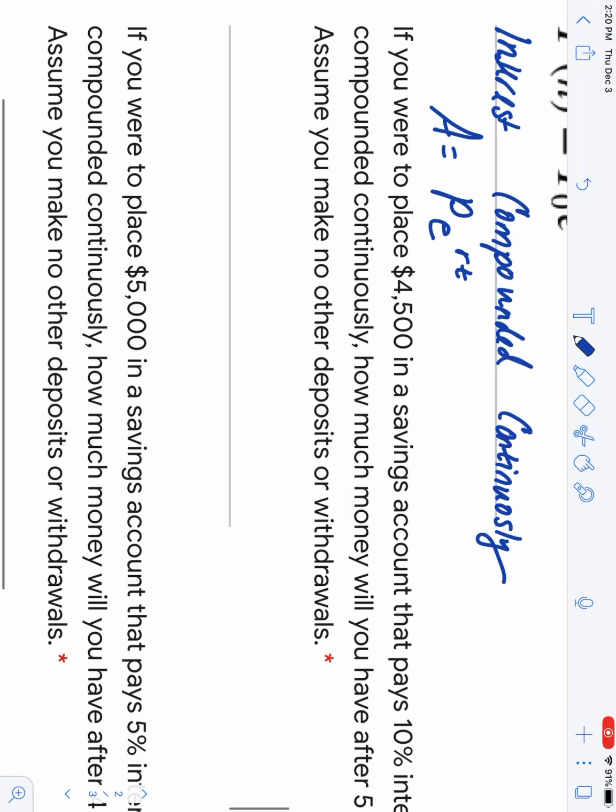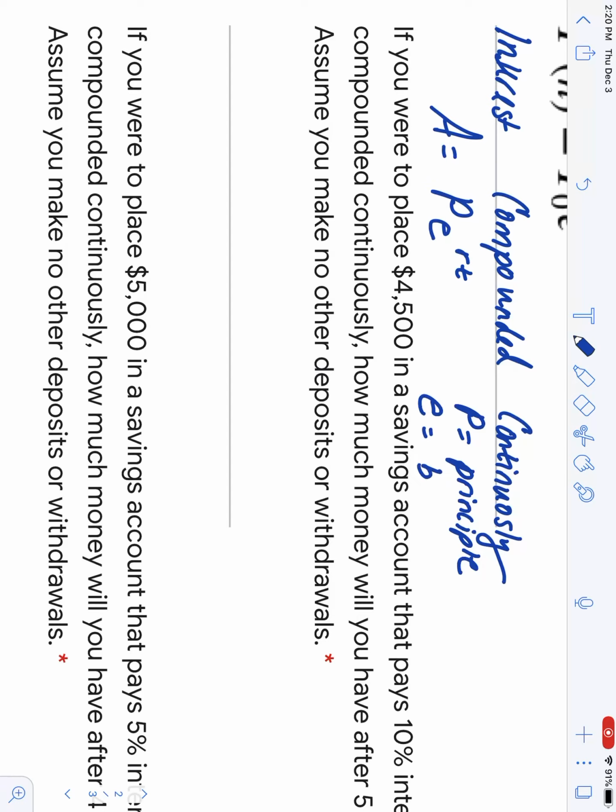A is the amount of money you're going to have after t years, or the amount of money you're going to owe after t years, depending on what kind of problem it is. P is the principal, the amount you start with. e is very important. It's the button on your calculator that looks like e to the x.